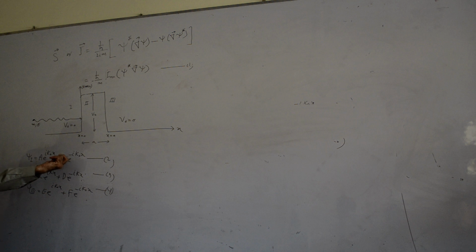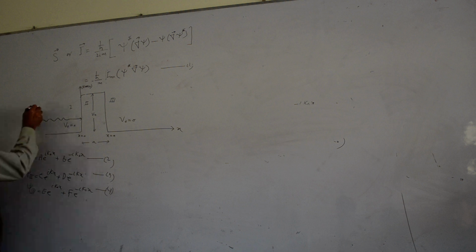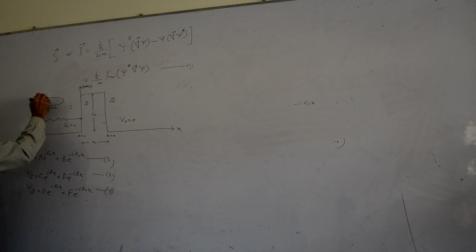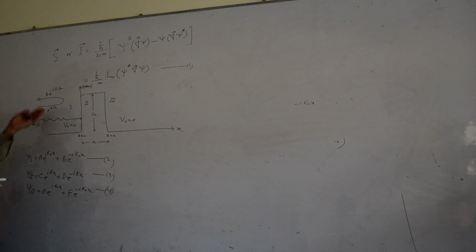That is the reflected with negative sign in the same region. So it means A e raised to I k naught x, and out of it B e raised to minus I k naught x. Remaining, this minus that, will be transmitted into that region. So C e raised to I k x, what is k naught?